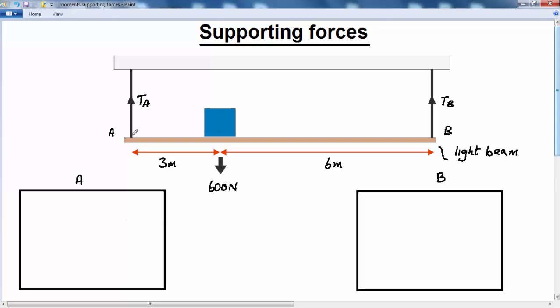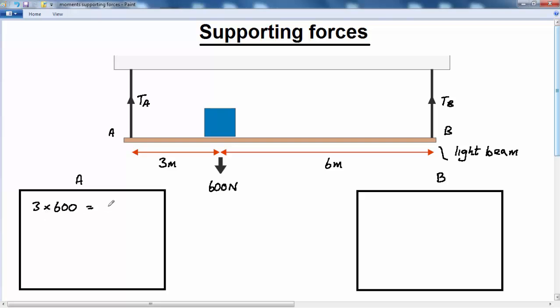So first of all, by considering the rotation around point A, well, we've got a clockwise moment produced by the 600 Newton weight acting in this direction. So we can say that 3 times 600 must be balanced by the anti-clockwise rotation around point A produced by tension B at a distance of 3 plus 6 equals 9 meters from the pivot point.